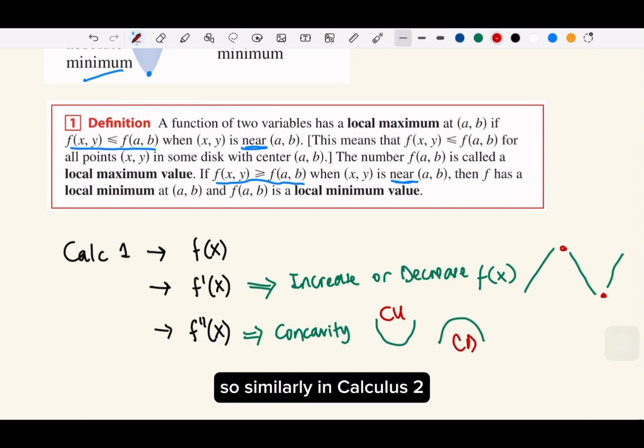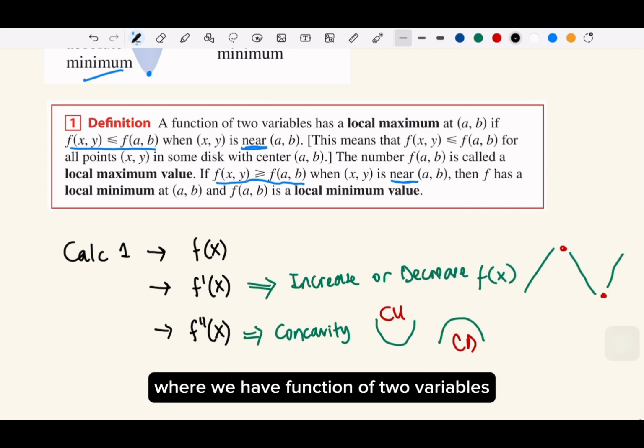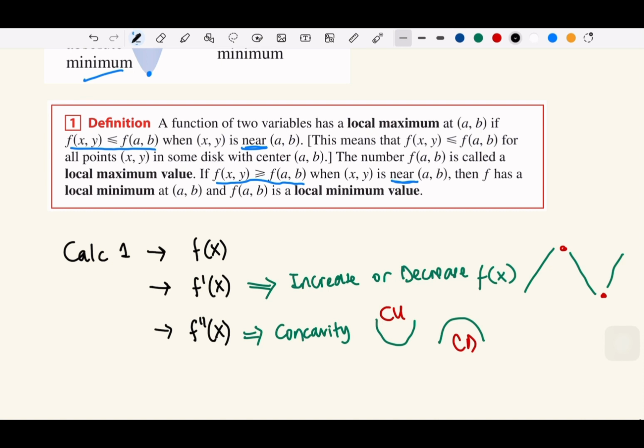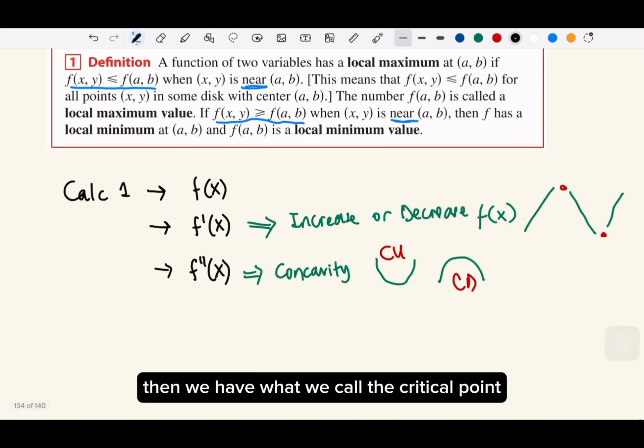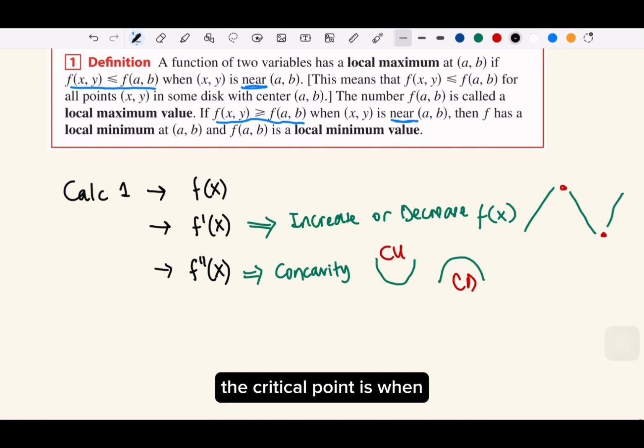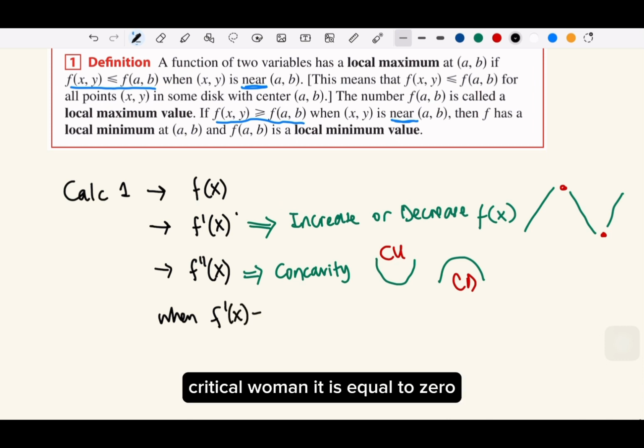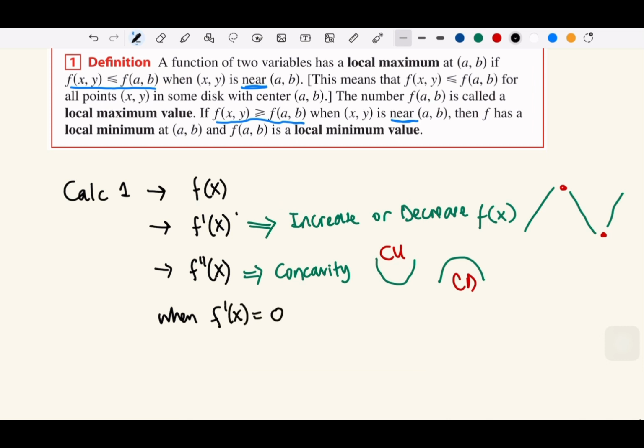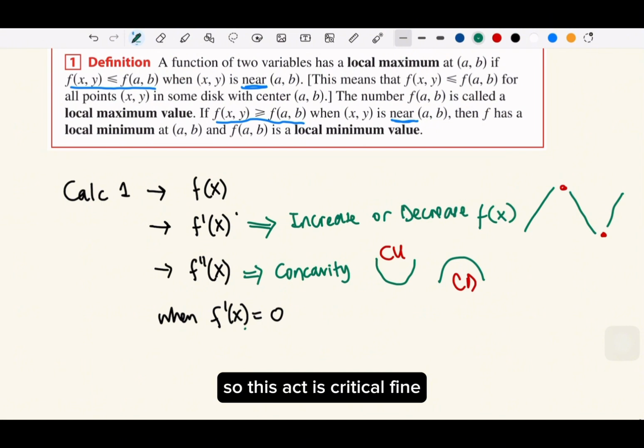So similarly, in calculus 2, when we have a function of two variables, then we have what we call the critical point. Okay? We call it a critical point when f prime is equal to 0. So this x is a critical point.